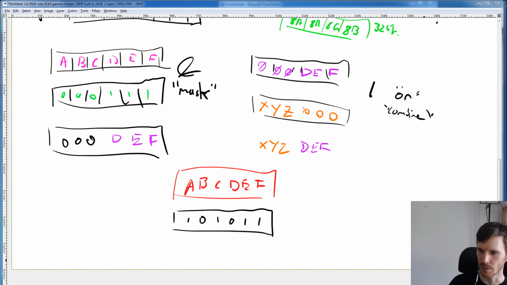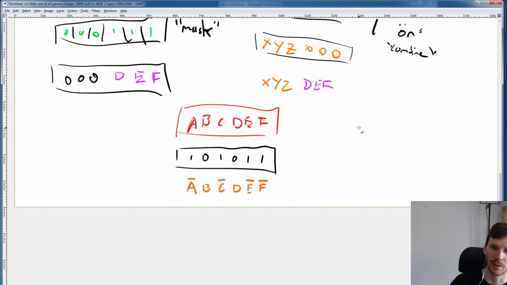Our output, and this is how we draw these things, is going to be the inverse of A, B, the inverse of C, D, the inverse of E, the inverse of F. And so that's sort of how those things work out.